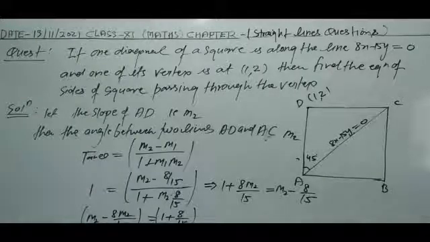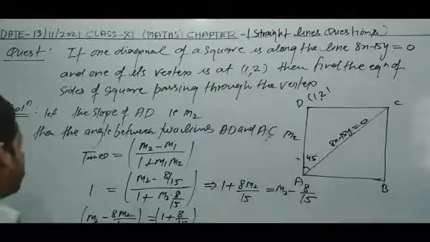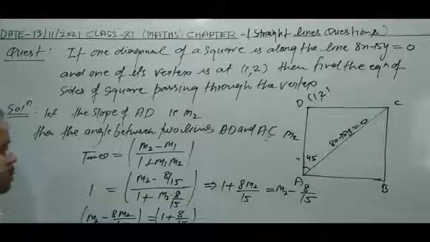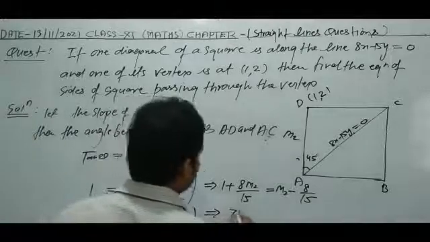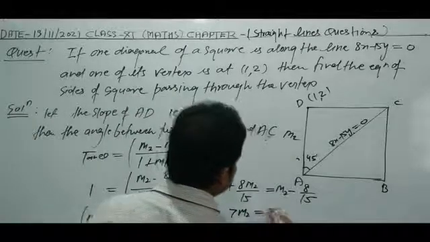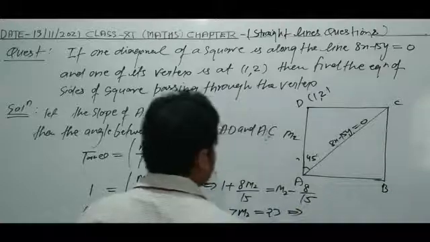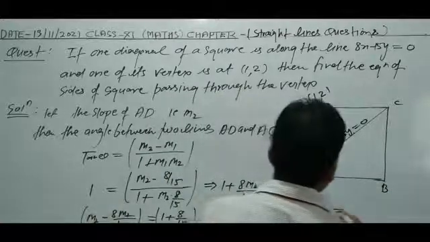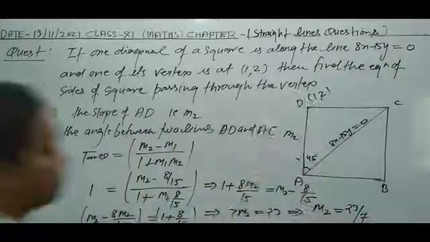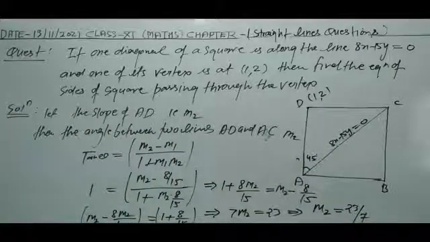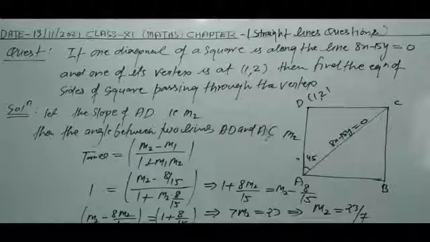So what will be the calculation? 15 plus 8 is 23 and this is 15 minus 8, that result will be 7. So 7 m2 is equal to 23. This implies m2 is equal to 23 by 7.